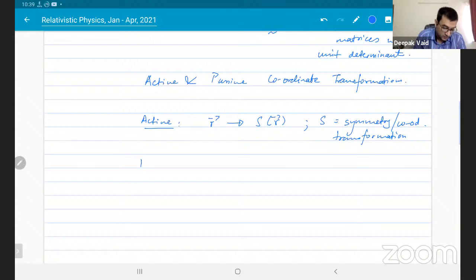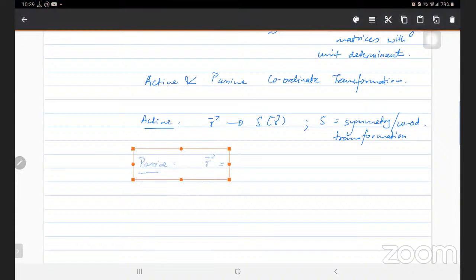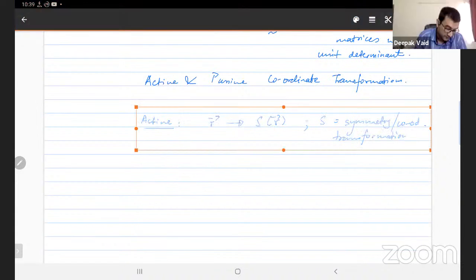What do we mean by passive transformations? Let me mention that before talking about active.